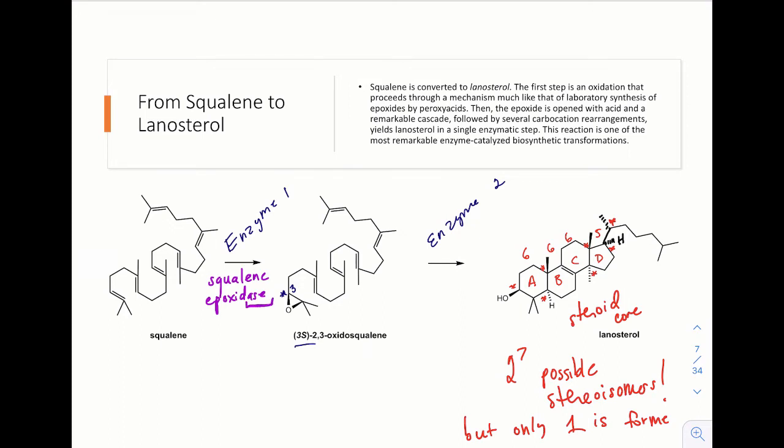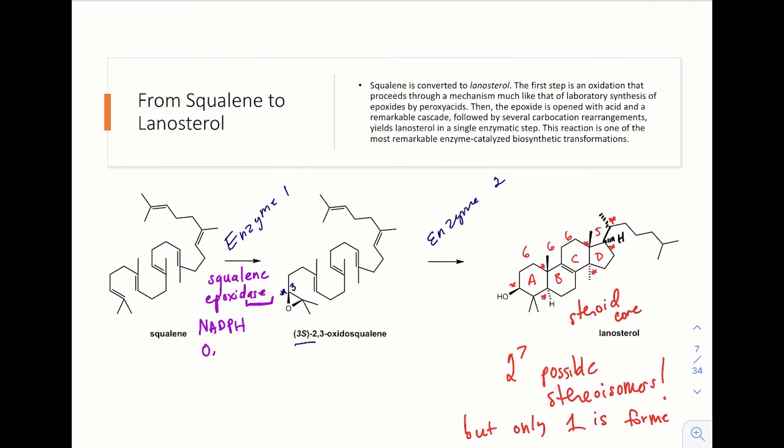The enzyme does use a cofactor, which is the NADPH coenzyme, and molecular oxygen. Now, what is the molecular oxygen doing here? What do you think? Yes, one of those oxygen atoms is actually what is incorporated into the squalene, so to make the epoxide.